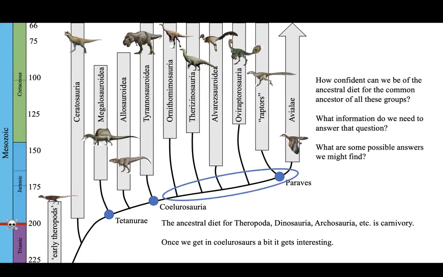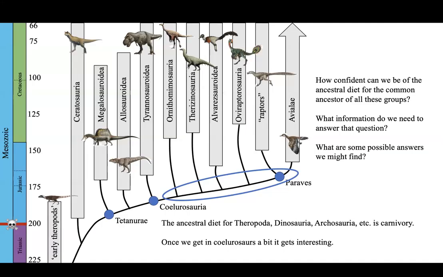And what I think is kind of fun in Coelurosaurs, and this was something that really got me excited about paleontology when I was first getting into graduate school, is wondering, oh my gosh, is there a moment on the theropod phylogeny somewhere in Coelurosauria where we would expect herbivory or some sort of omnivory, if I'm really being specific and not waving my hand so much, something deviating from just strict carnivory somewhere in that part of the tree.